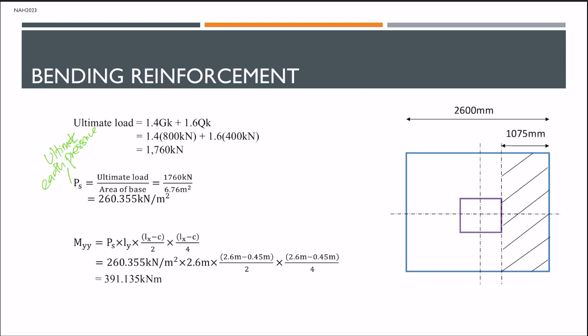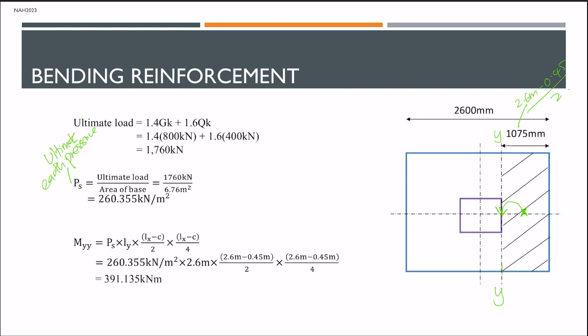Right, so I need to calculate the moment at YY. Where is YY? Here is YY. Right, so bila saya kira 1075 ni saya dapat dari 2.6 meter minus 0.45 bagi 2. So inilah dia. Because you nak dapatkan moment daripada the centroid here. Pergi ke YY.